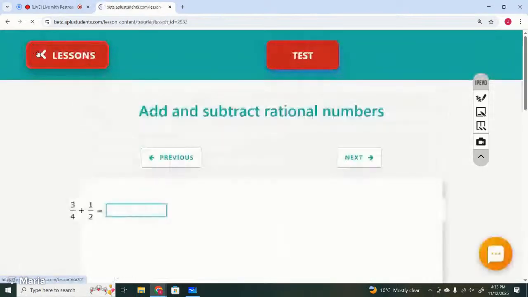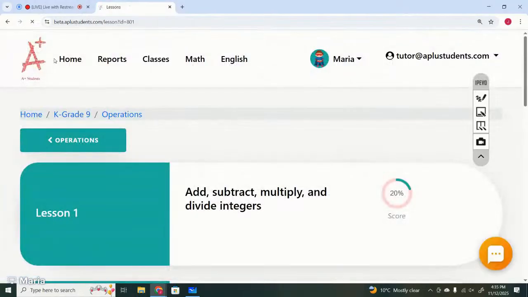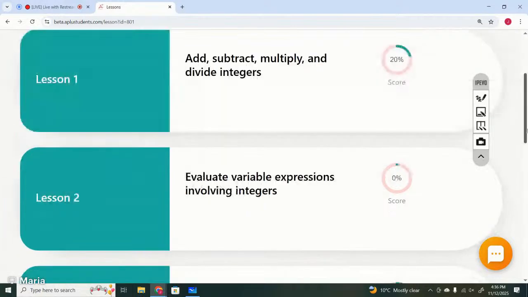So we were working on grade 9 math. The chapter we were working on is add, subtract, multiply, and divide integers.